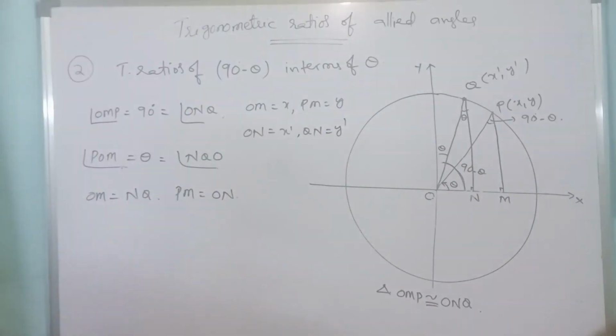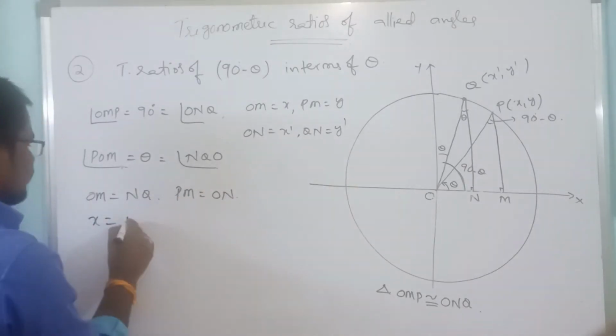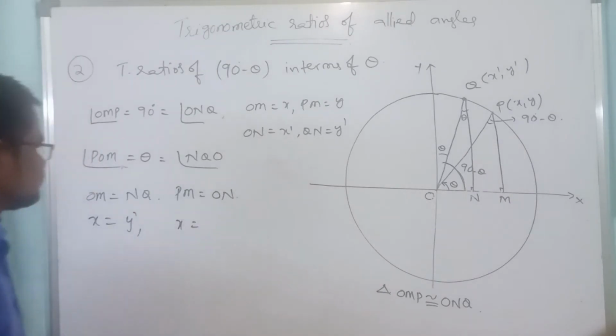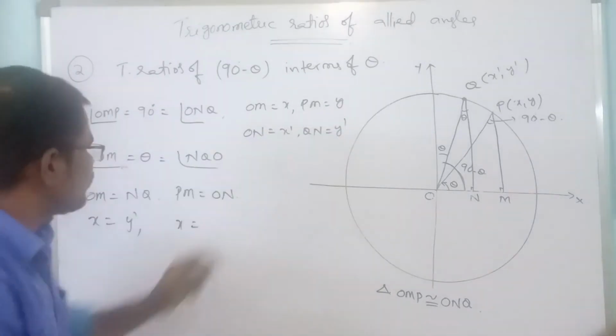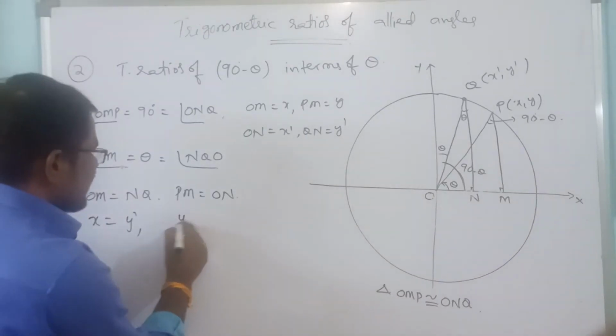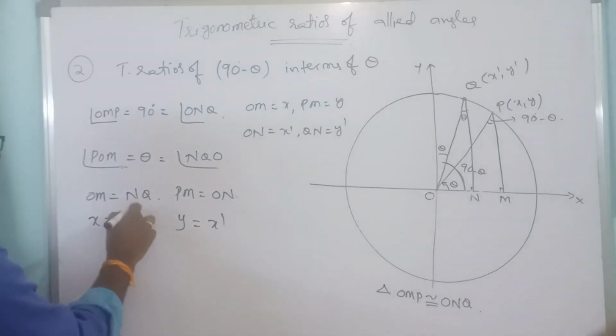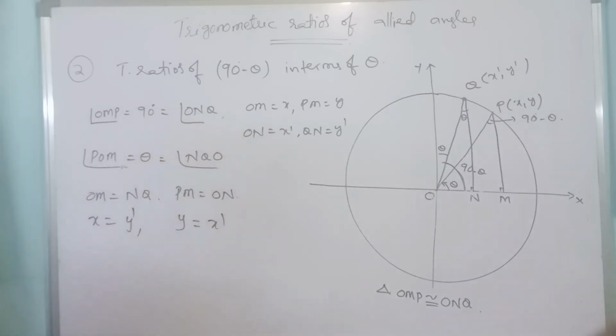Substituting, OM equals X and NQ equals Y dash; PM equals Y and ON equals X dash. That means X equals Y dash and Y equals X dash.